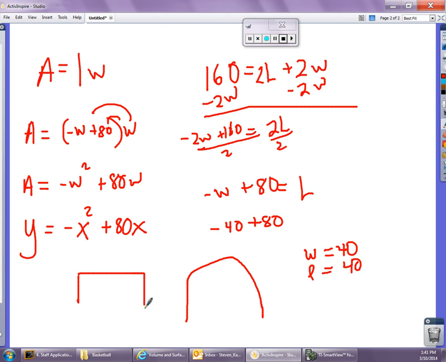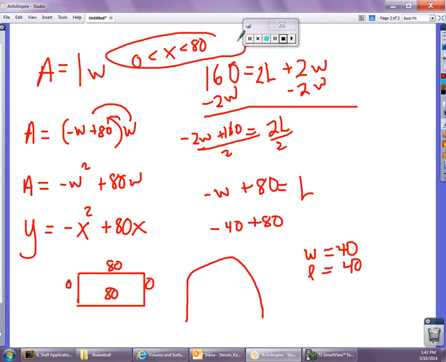If you made this 80 and this 80, that would be 160, which would mean that the width would have to be 0. Now, width can't be 0. So we know that our X is between 0 and 80, but not including 0 and 80.